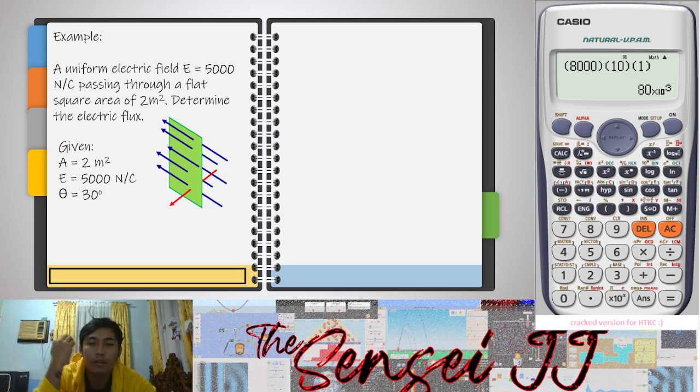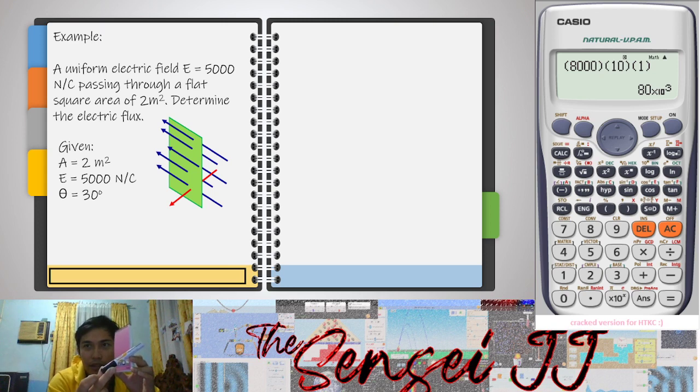Okay, so yan. Okay, so the orientation muna tayo. So before we solve this one, let's have first the orientation of our electrical field. And so here is the face of our plate, and nagpass through dito which is in a perpendicular manner yung ating red line.